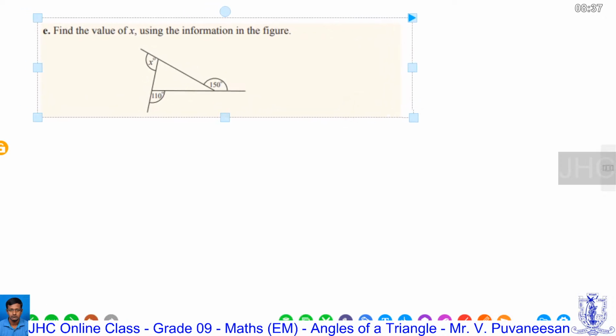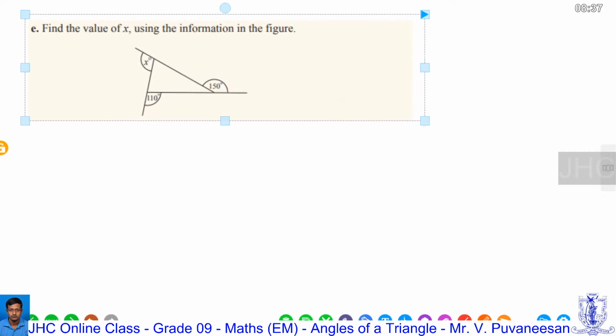Find the value of x using the information in the figure. Here, there are three exterior angles. You already learned in grade 8 about exterior angles of a triangle and exterior angle of a quadrilateral. These three are the exterior angles of a triangle. We know the sum of the exterior angles of a triangle is equal to 360.